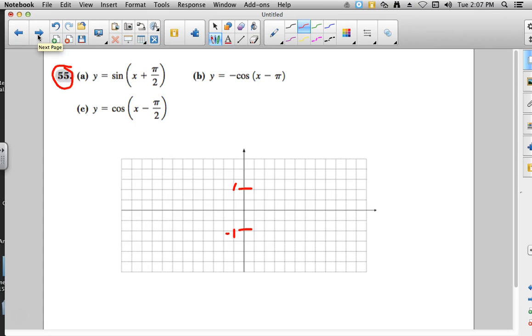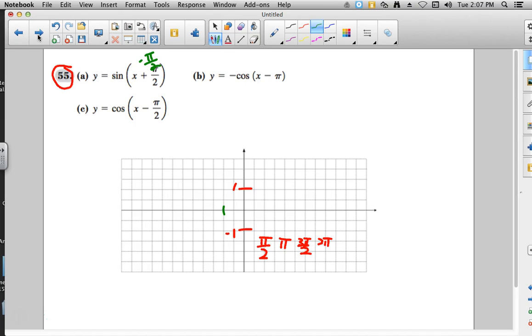Still using our 2 pi divided by 4 for your period intervals. And then for A, remember that this would be a negative pi over 2 when we put that into our formula for x minus h, because minus a negative pi over 2 would be plus pi over 2.